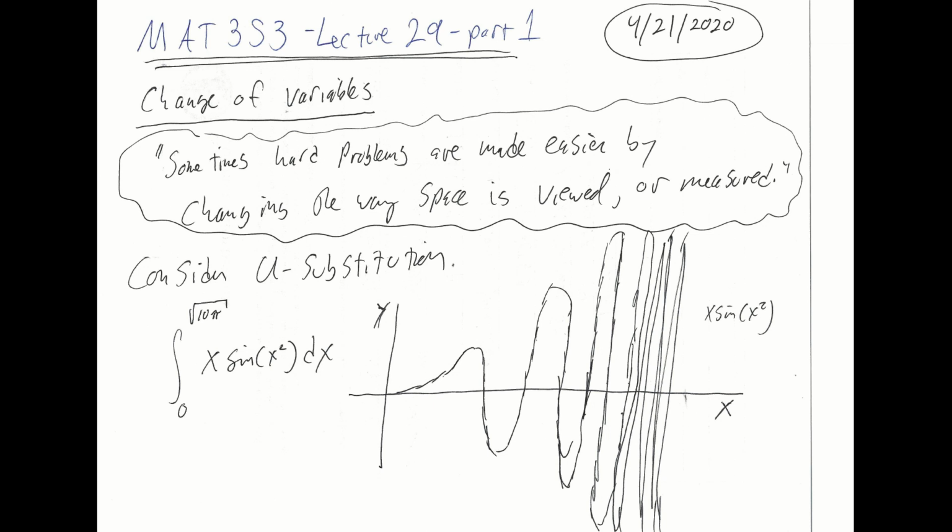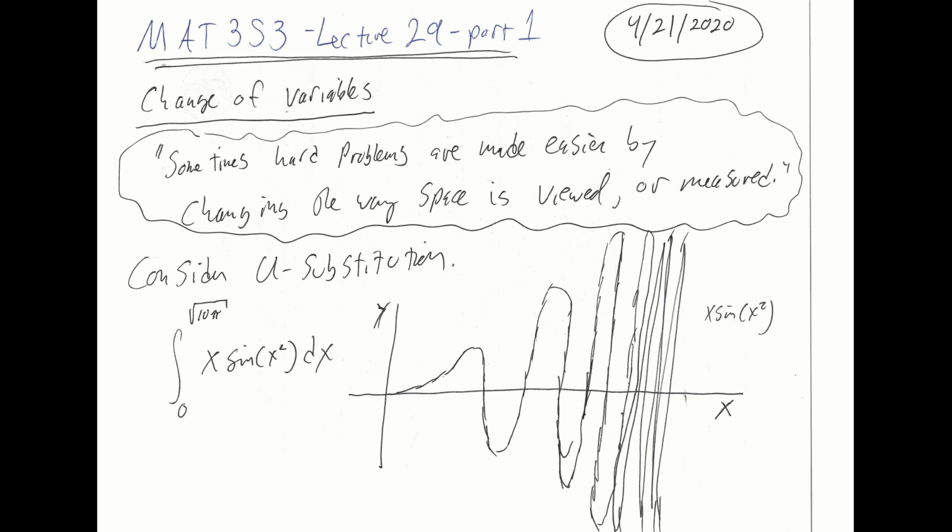So the difference between 7 and 8 is 1, but the difference between 7 squared and 8 squared is much larger than that. So because sine is seeing its spatial input squared, as the x value gets larger, sine is going to start seeing larger and larger increments for every actual increment on the x-axis.